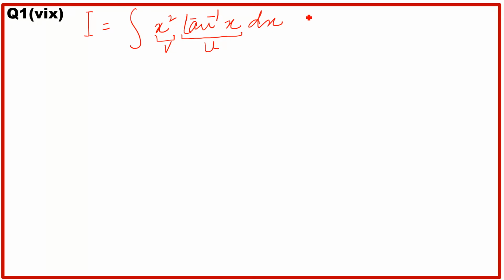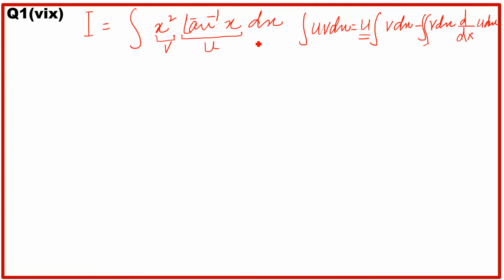Again, one more time, I will write down the formula here: integral of u v dx equals u integral of v dx minus integral of the integral of v dx times d by dx of u dx. So wherever we have u in this formula, we will put tan inverse, and wherever we have v, we will write x square, and then we will solve the problem.